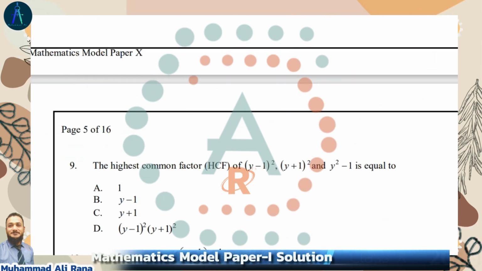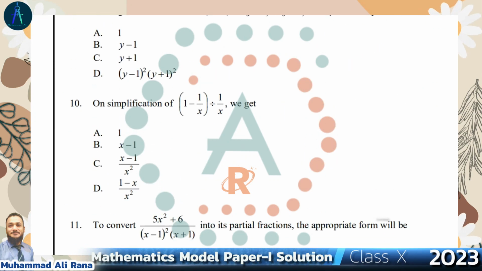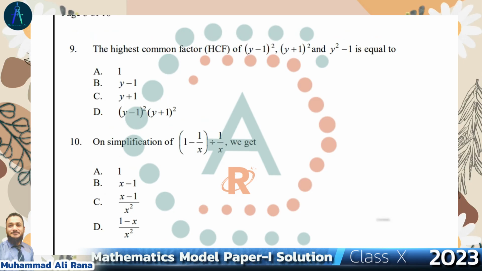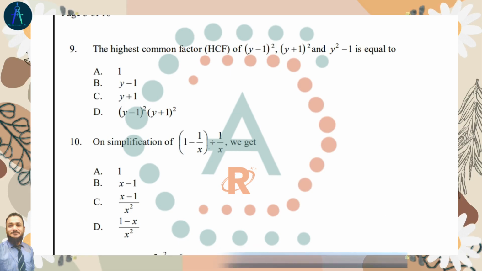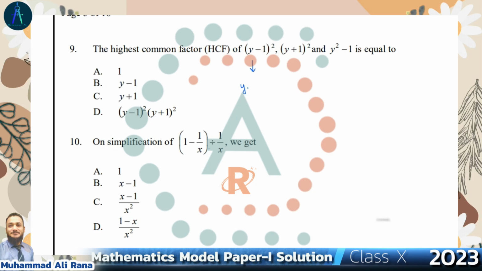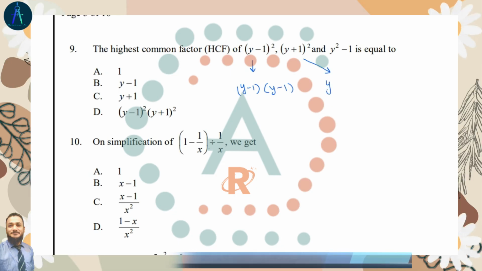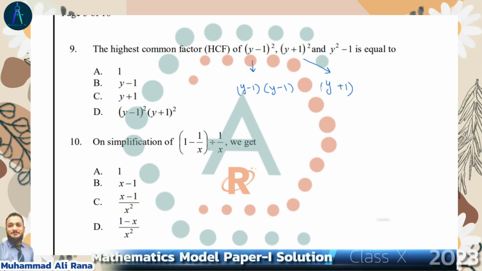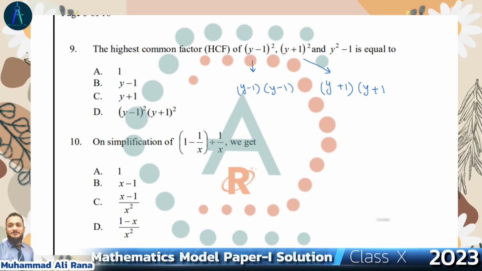Now let's come to question number 9. The highest common factor of (y minus 1) whole square, (y plus 1) whole square and y square minus 1. If we form the factors, we will get y minus 1 and y minus 1. Similarly, the factors of the next will be y plus 1 and y plus 1.